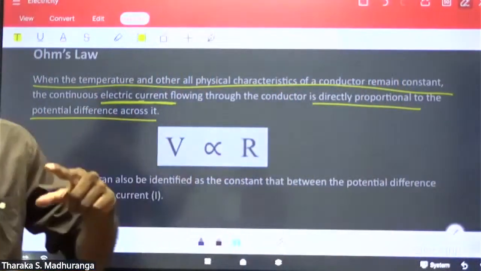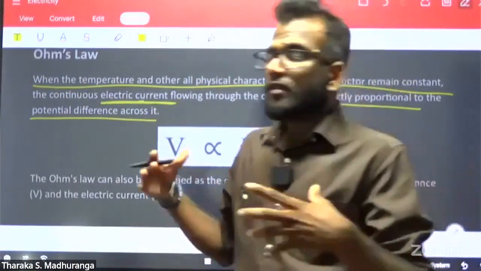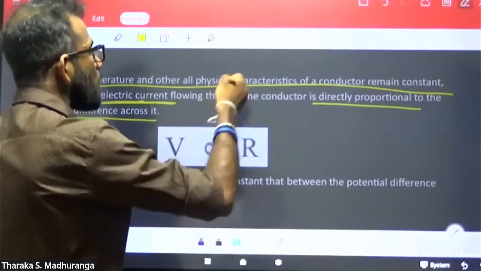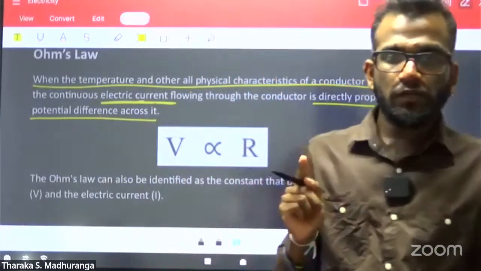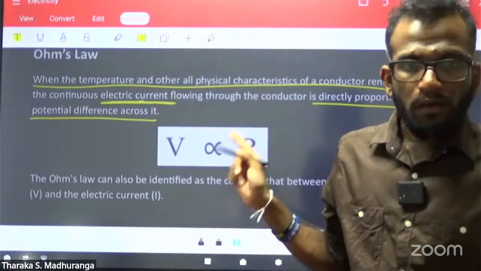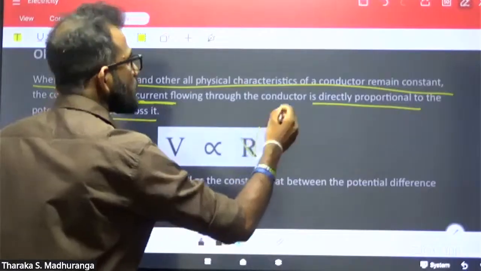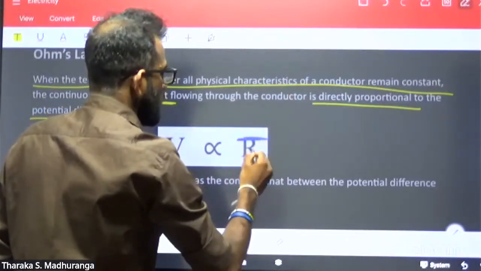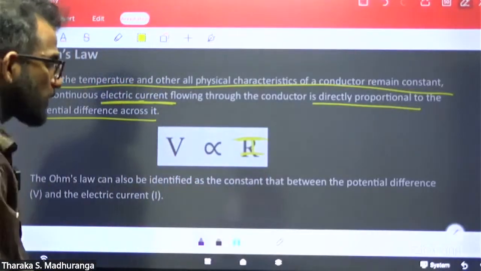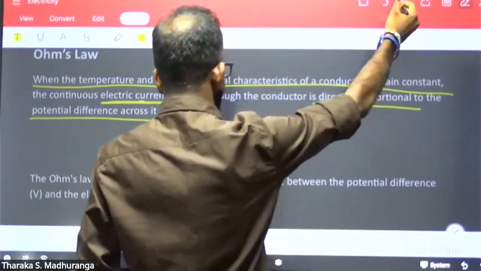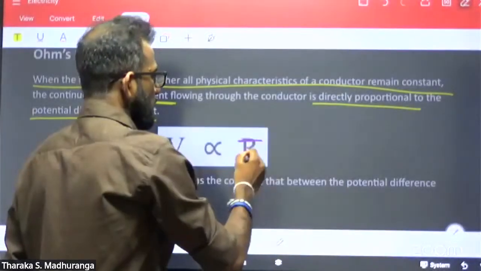When temperature and other physical characteristics of the conductor remain constant, the electric current flowing through the conductor is directly proportional to the potential difference across it. There is a mistake. It should be I.